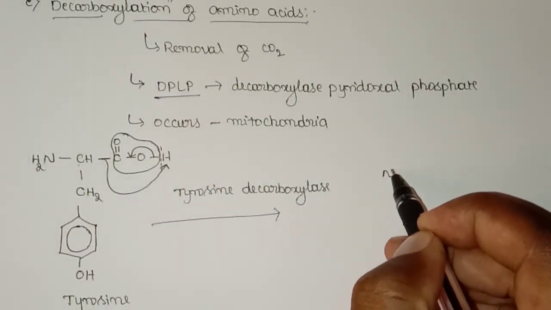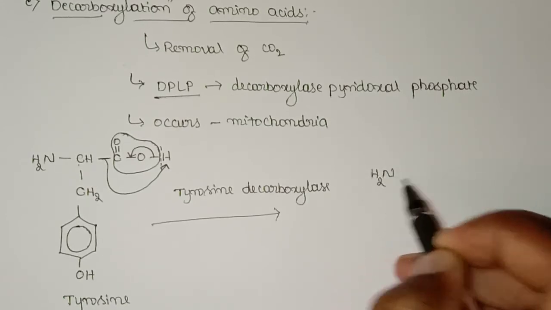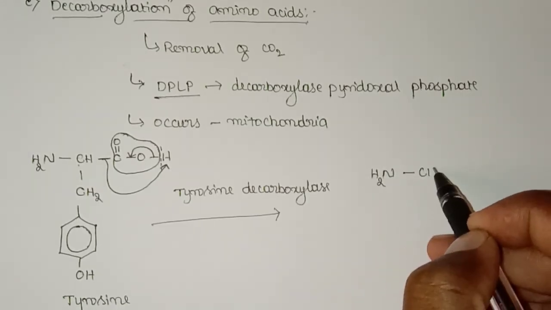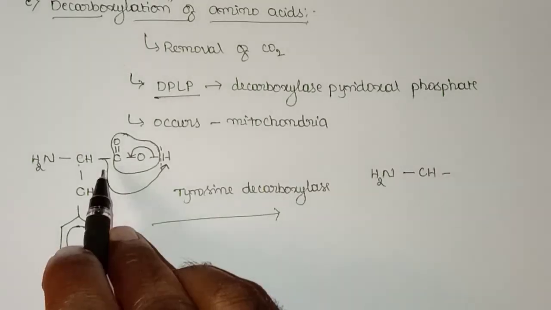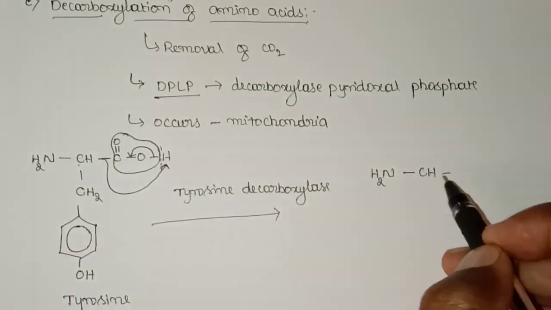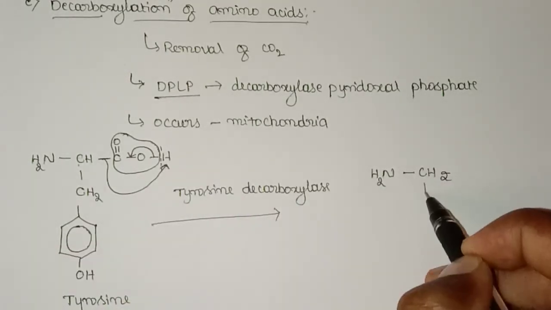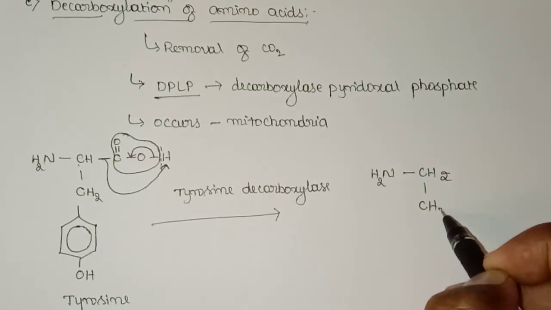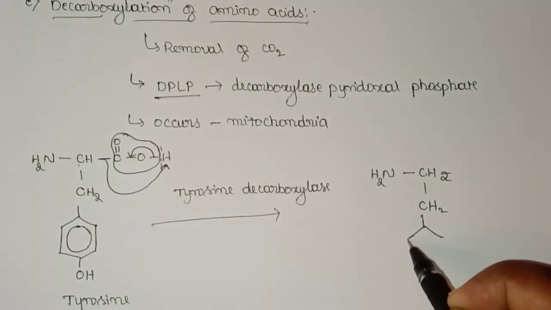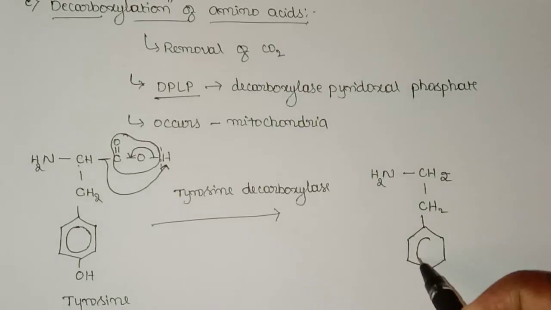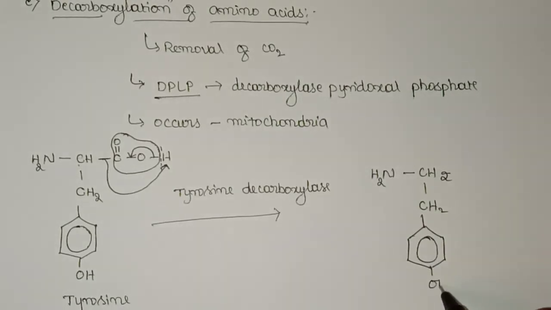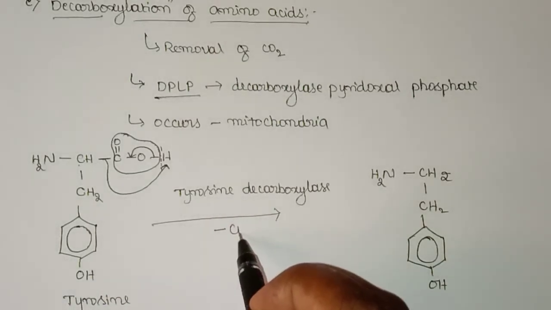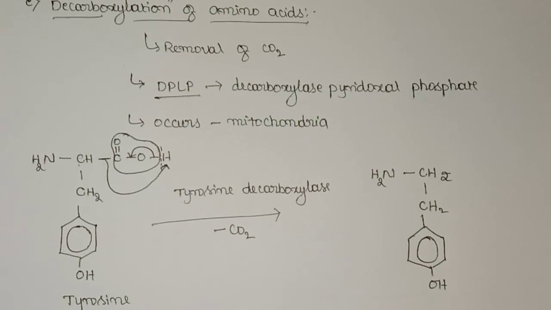Let us see the final product: NH2, CH, and by receiving one hydrogen it becomes CH2. We have one more CH2 and a benzene ring which is further attached to OH. This is the product we get when tyrosine is subjected to decarboxylation, that is, elimination of carbon dioxide.